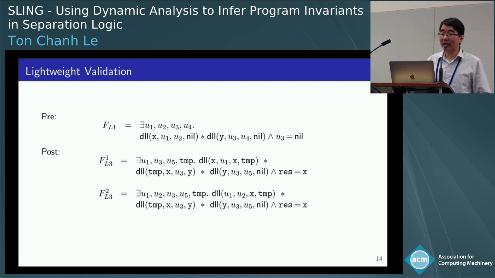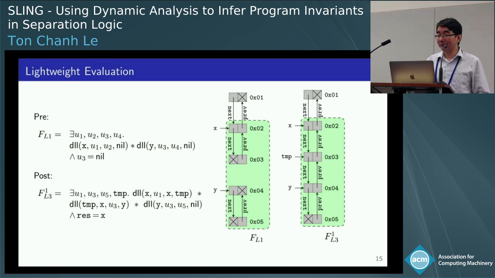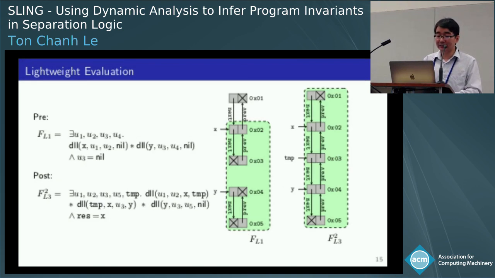So first of all, given the precondition at L1 and two possible solutions for the postcondition at L3, we can check the frame rule over the observed subheaps, on the observed stack-heap models. For the pair of F1 and the first solution at L3, we see that it follows the frame rule for all the traces.